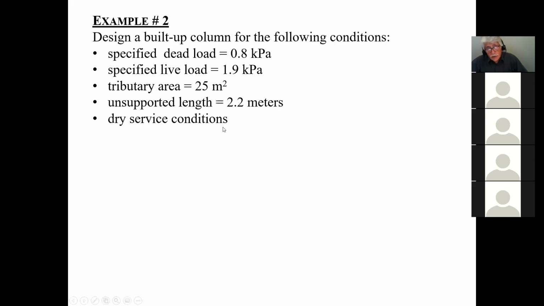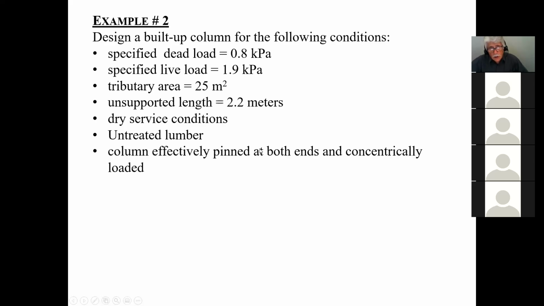I have dry service conditions, untreated lumber, and the column effectively pinned at both ends. Great, so I can still use the tables. The only thing is that because this exceeds 20 square meters, I'll take advantage of the live load reduction factor to see if I can reduce my PF value, okay? So basically, use SPF number 3 solid lumber, of course.